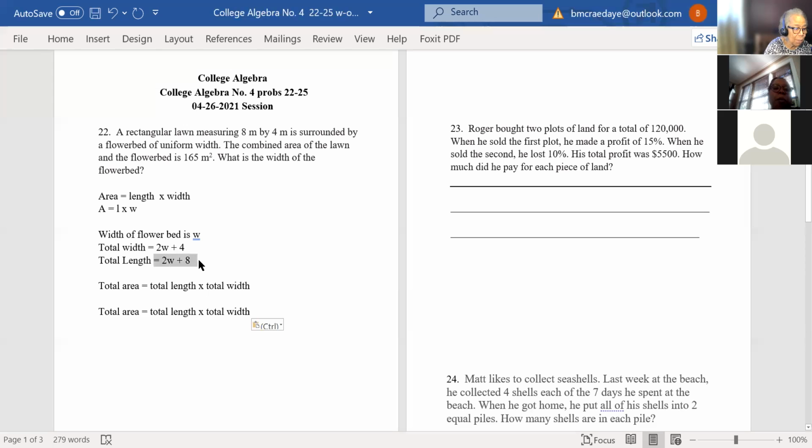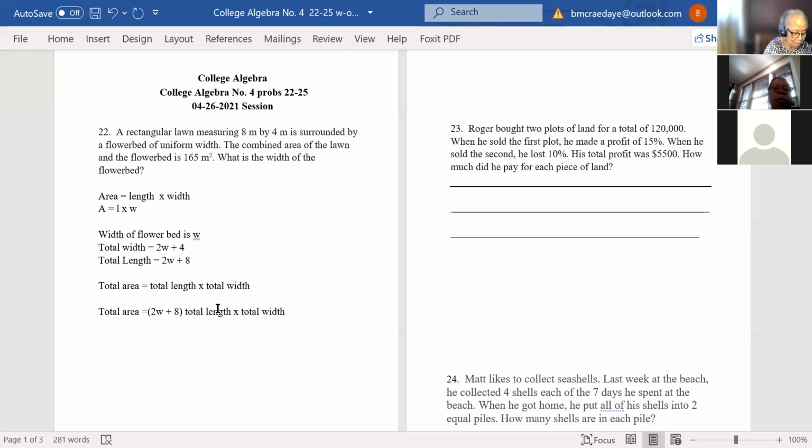That's the 2W plus 8. Let me put that in parentheses because we're multiplying here. And we're multiplying that by what, Audrey? What's the total width?